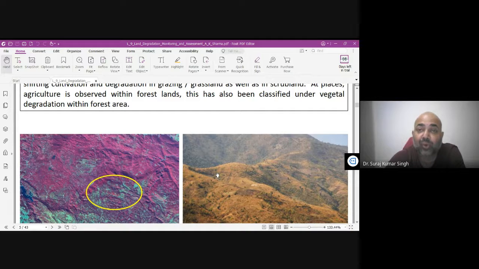So, in order to prove your results, in order to give strength to the answers of what you have mapped using satellite images, field data is compulsory, because you have to justify your findings.